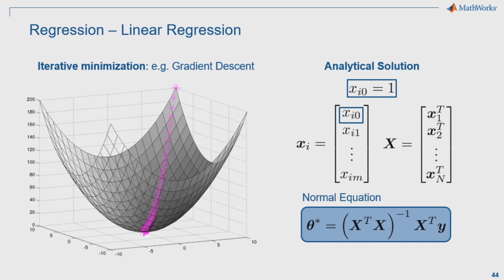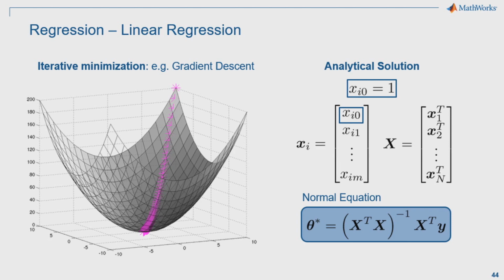So essentially, you can compute the solution of your regressor, the model of your regressor, even just as a fitting problem by using the normal equation in case of linear regression.